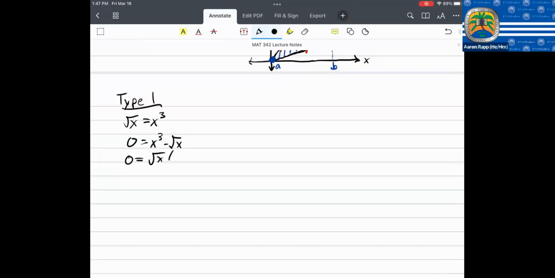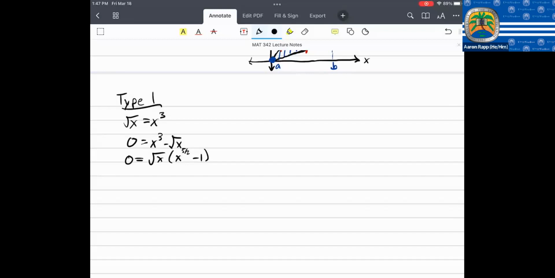Factor out, but here I can't just factor out x, right? But I can factor out a square root of x, giving me that the square root of x times x to the 5 halves minus 1 has got to be equal to 0.